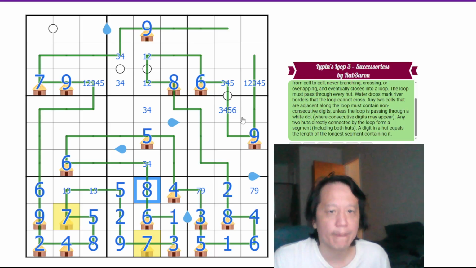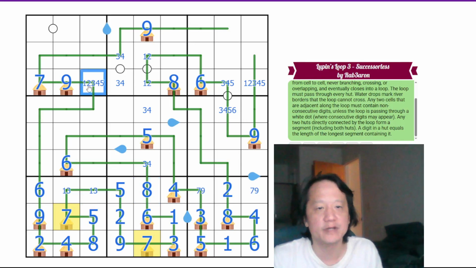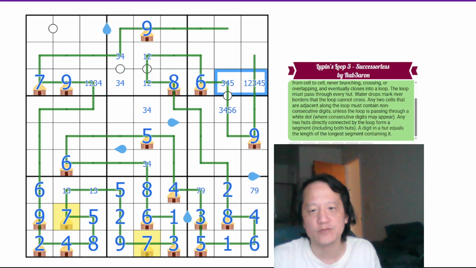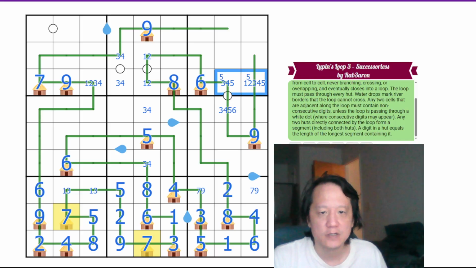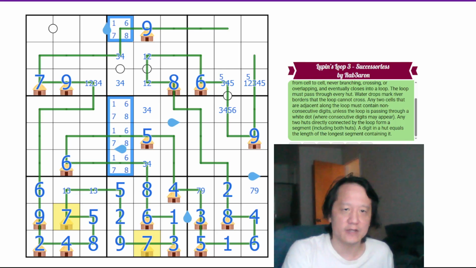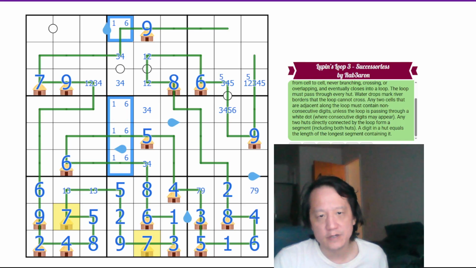Okay. 5 eliminates 5 here. Where is 5 in row 3? It must be one of these two digits. Okay. 3, 4 as a pair. Rest of column 4 has to be 1, 6, 7, 8. Oops, don't know how I got that.